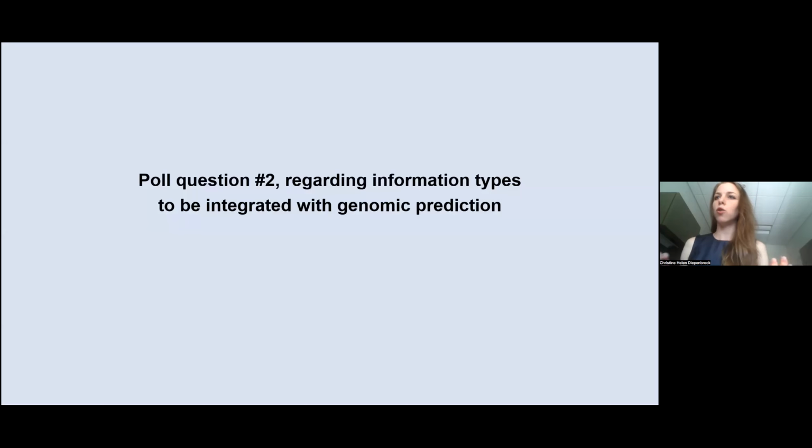Okay, great. So we were curious among you all as attendees, the information types that you would most seek to integrate with genomic prediction. There are many types of domain knowledge. So let's go ahead and launch that poll to see what you all have in mind. And then we'll take a minute to read through this, so we'll give some time here.